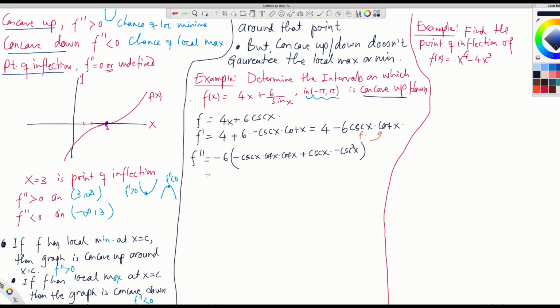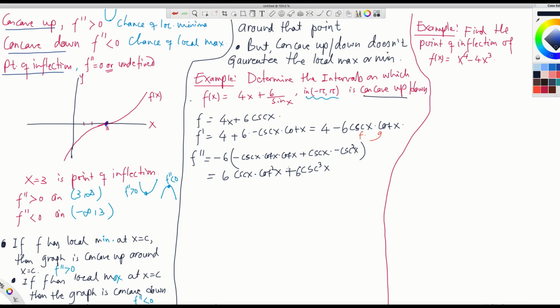If you simplify, what do you get? Negative times negative is positive: 6 cosecant x times cotangent squared x, plus, the product of plus and minus, cosecant cubed x. Oh, there is a plus 6, because there is negative 6 and you need to distribute it.